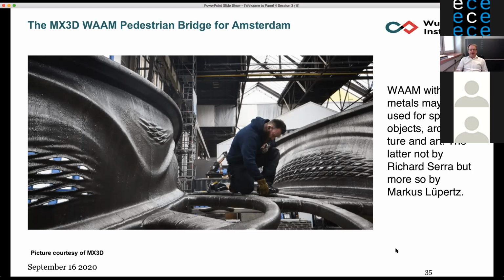And you can see that the shape is very unique. This is something that might probably be achieved by casting, but there is no other processing technology that allows to achieve such unique forms.